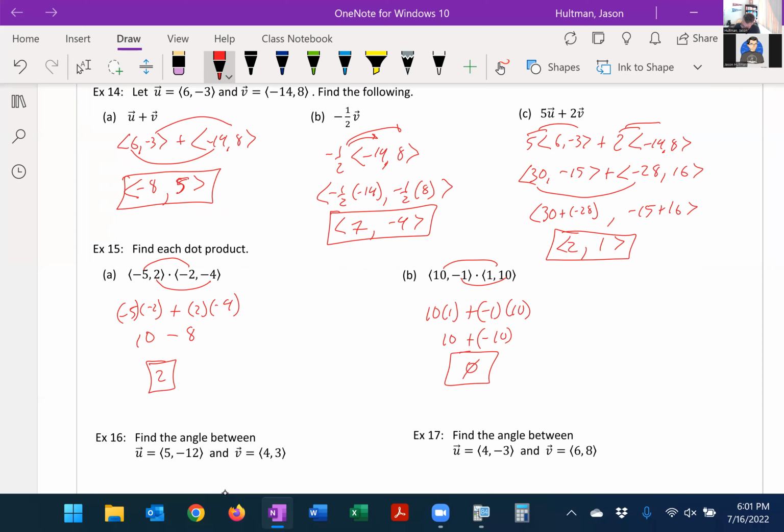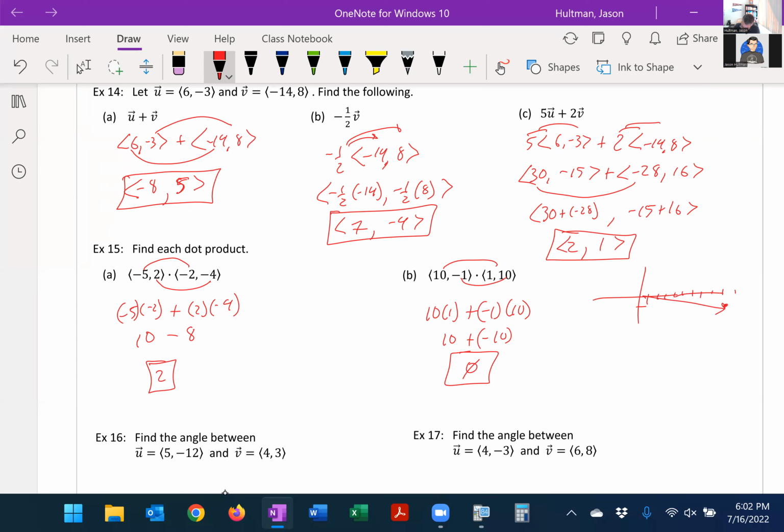Okay, so by the way, if the dot product is ever 0, that means that the vectors were orthogonal or perpendicular, or they were at a 90-degree angle. So if we did 10, negative 1 here, out 10, down 1, we would get a vector like that.